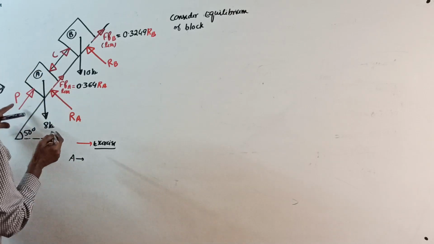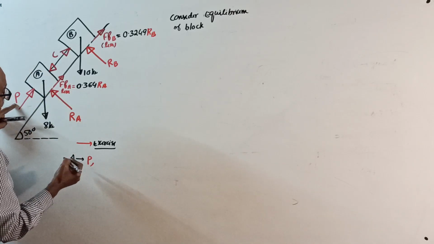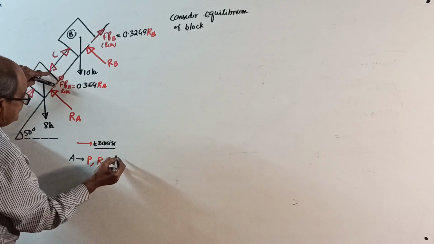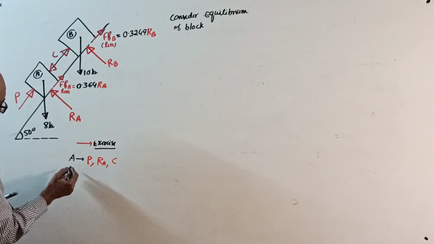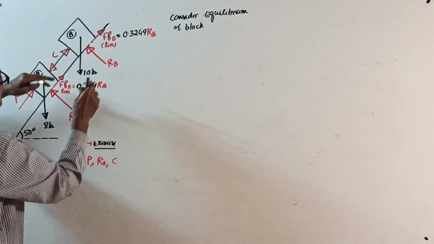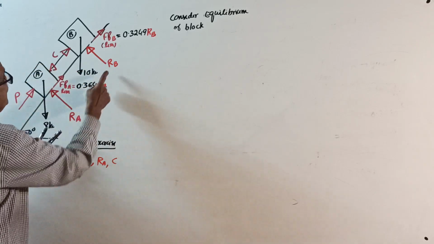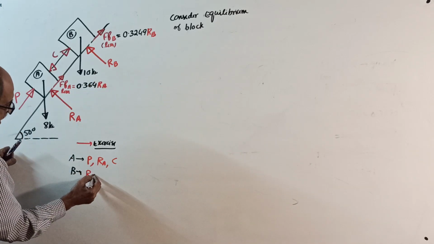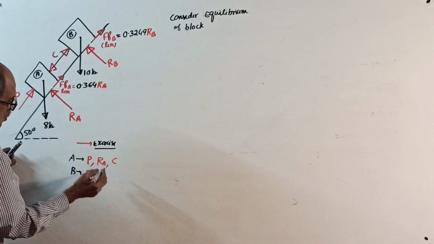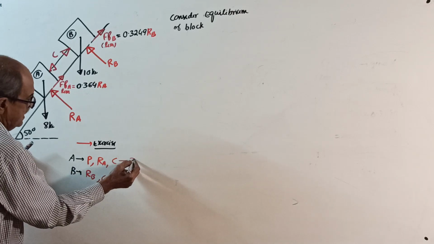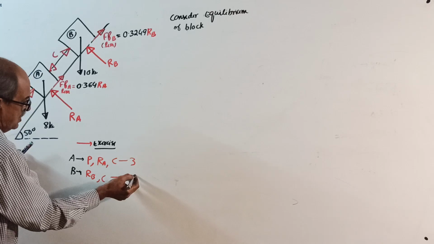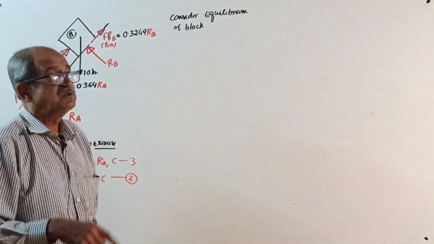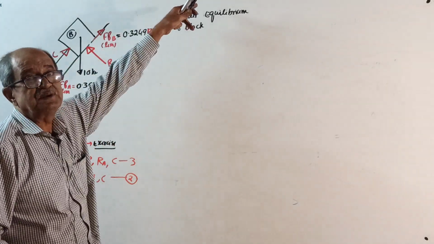Unknowns are P, RA, and C. Whereas for block B, RB is the unknown and C is the unknown. Here 3 unknowns, here 2 unknowns. Where there are fewer unknowns, you should consider that one. So now you should consider the upper block first, B.